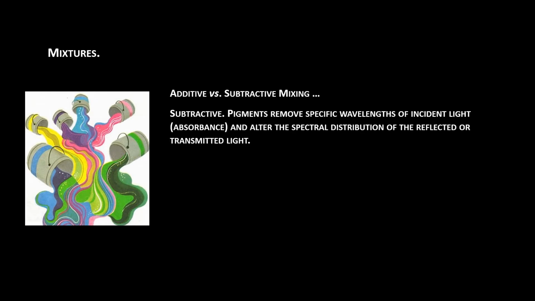In contrast to the additive mixing, in which you're adding light of specific bandwidths in combination, there's subtractive mixing, in which you selectively remove bandwidths from an existing light source and create different colors. So you take colors out of a light source or incident light.